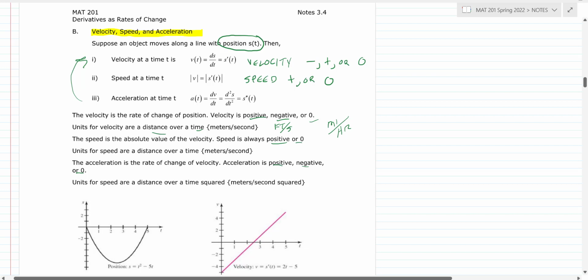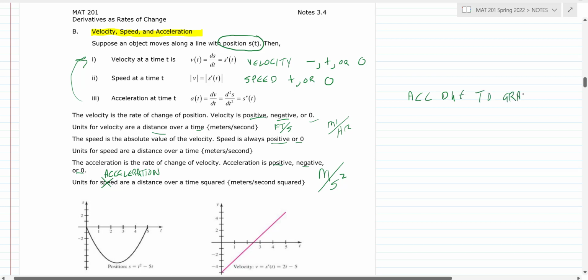And then the units for this should be acceleration. I didn't type that right. So the units for acceleration are a distance over a time squared. Okay, so you could have meters per second squared. Just a couple of things on this that you typically learn in physics, like the acceleration due to gravity.